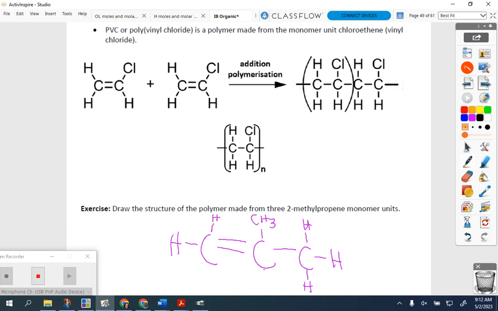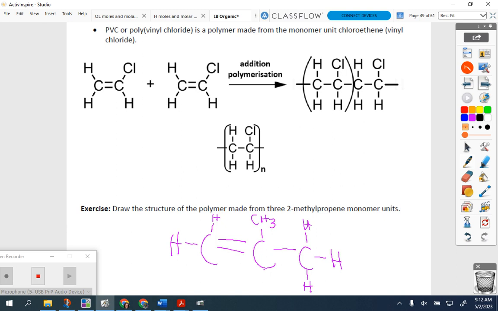Okay, great. So we've got a propene, which means we've got a 3-carbon chain with a double bond. Now, it doesn't specify where that double bond is, but it doesn't matter because either way, it's going to be between carbon 1 and carbon 2.